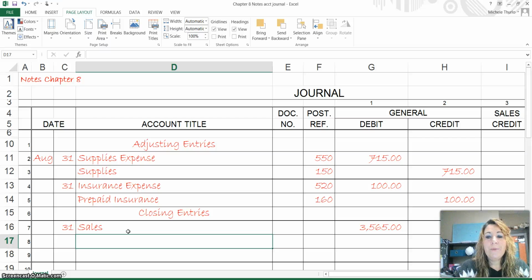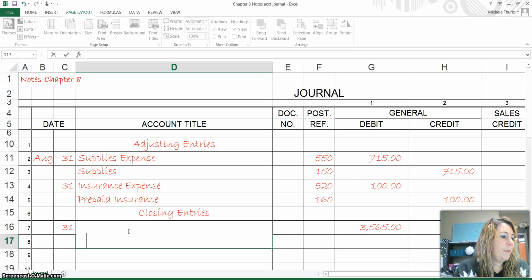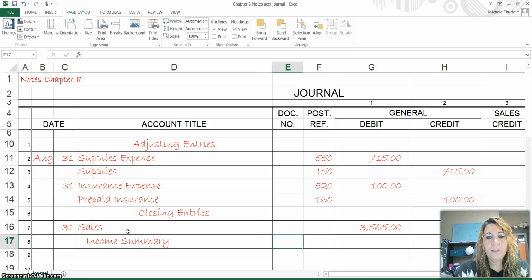So if I've had a debit now, I have to credit something else $3,565. So that something else is going to be our income summary. And I'm just going to indent this just a little bit so that we know for sure that those go together. And that's going to be my credit of $3,565.